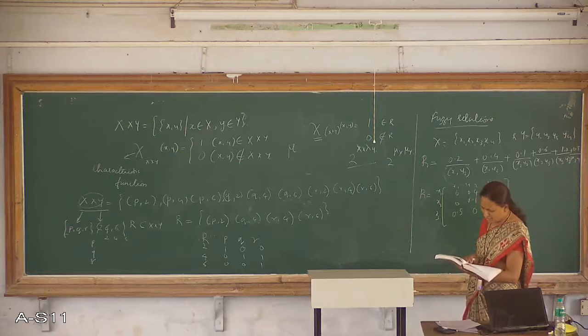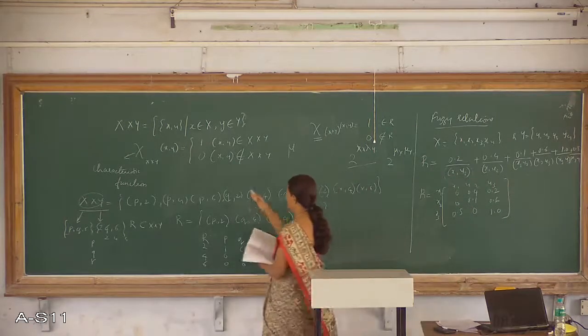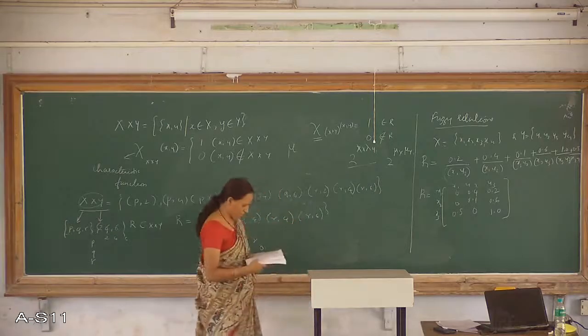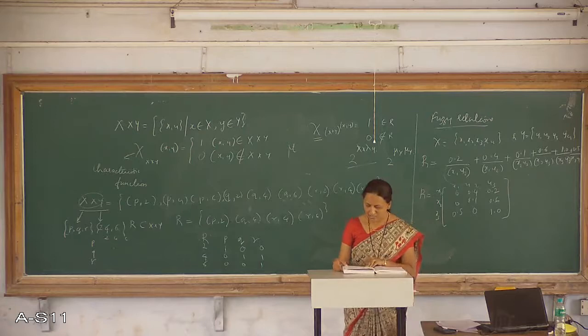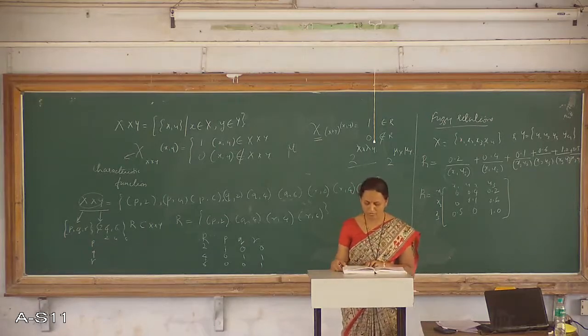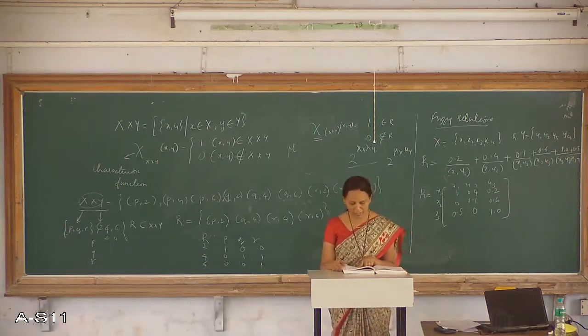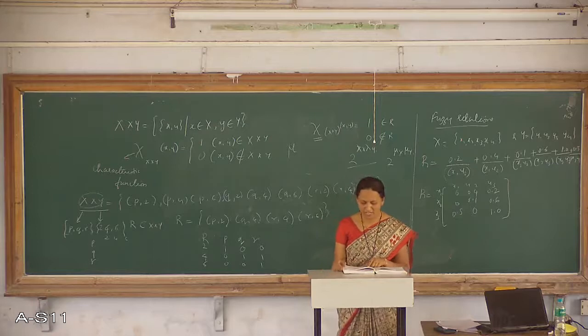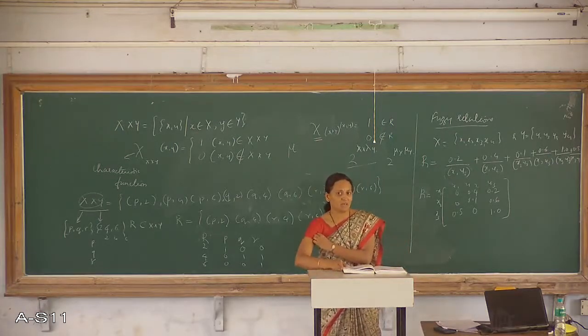There are some operations on fuzzy relations, similar to the classical or Cartesian product. These are union, intersection, and so on. Union goes with the maximum of mu R of xy and mu S of xy. Intersection goes with the minimum. Complement is 1 minus the membership function of R at xy. Containment is nothing but the subset. We also have the inverse and the projection.